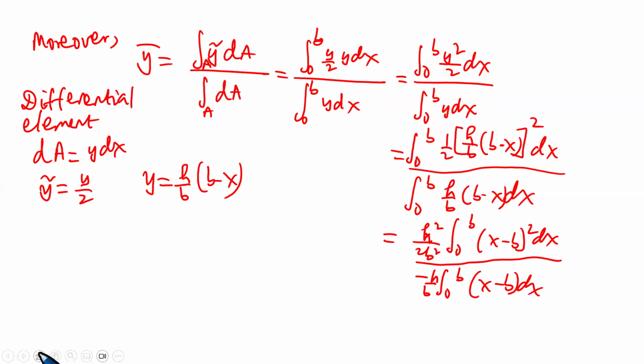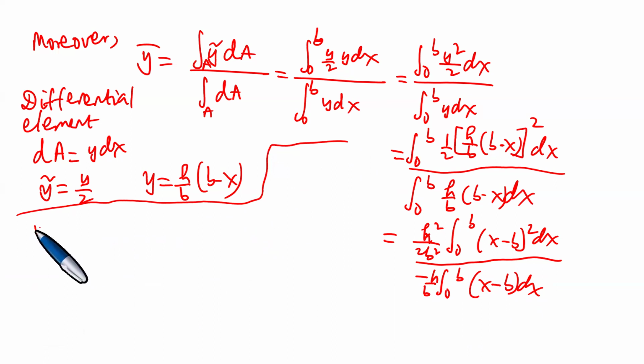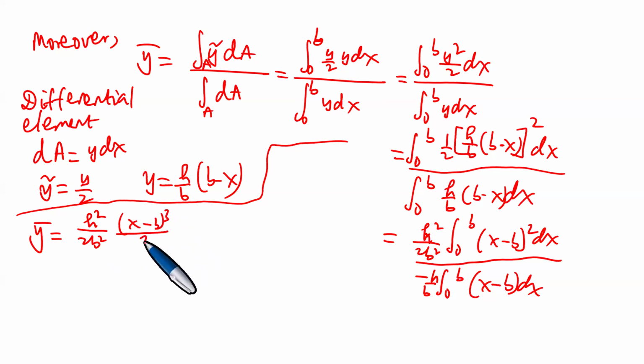So you have exactly that. Now it becomes the integral of h squared over 2b squared, which is x cubed over 3, the integral from 0 to b.